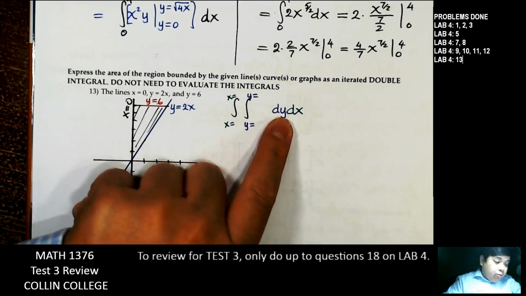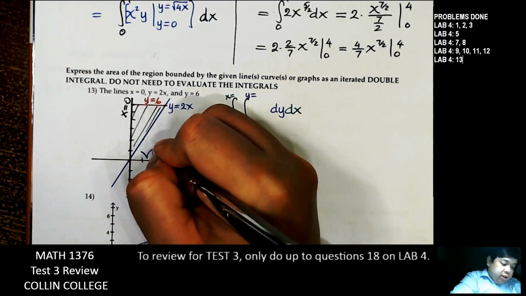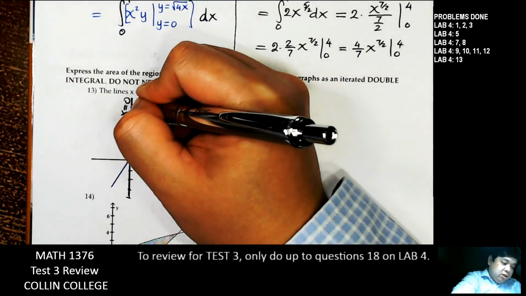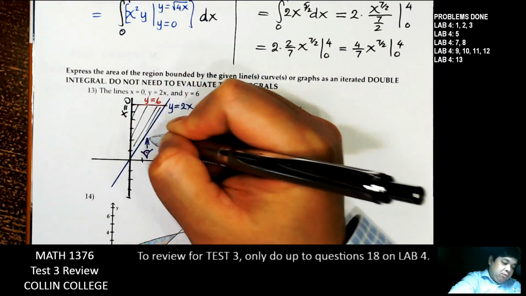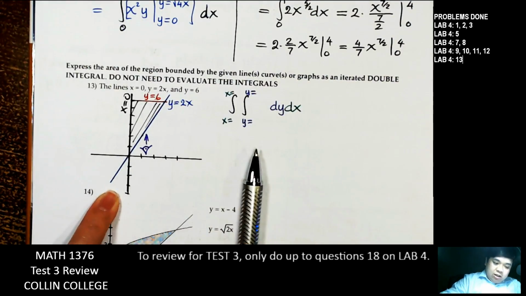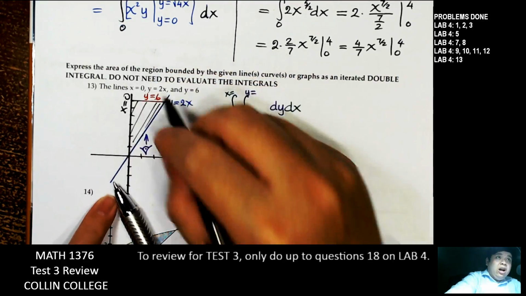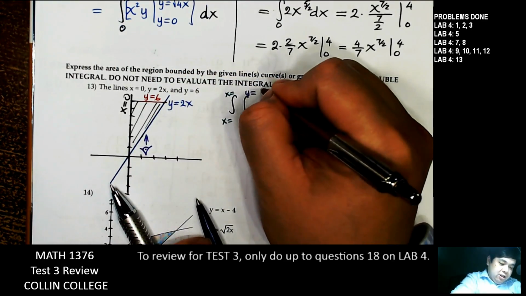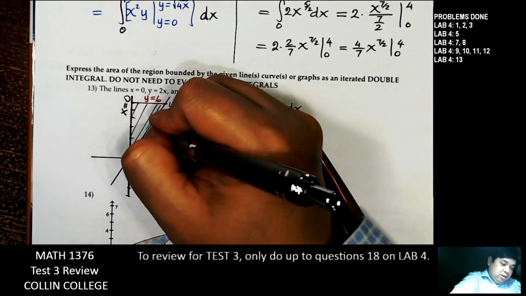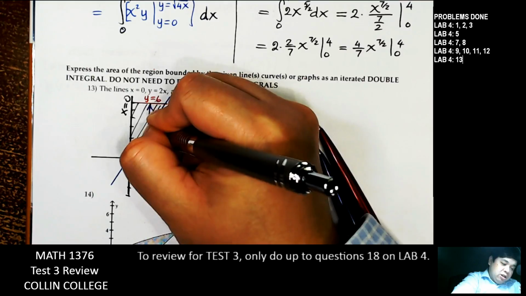Right. Now we put the dy inside, so we will look in the y direction, the y-axis. First, we see the blue line y equal to 2x, and then we see the line y equal to 6. So we see this first and then that, if we look in that direction.